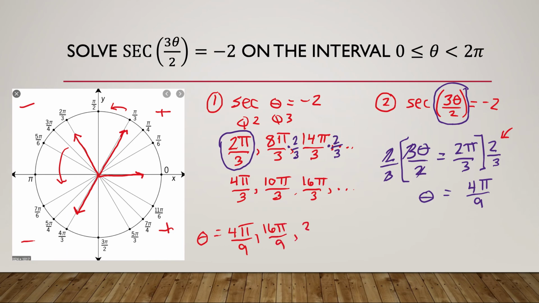The next one is going to be 28 pi over 9. I'm going to do the same thing on the bottom, multiply by 2/3. The first one is 8 pi over 9. Then we have 20 pi over 9. And then I have 32 pi over 9.